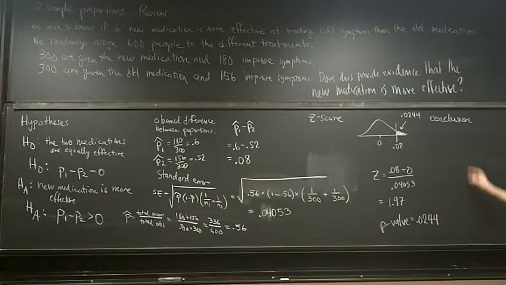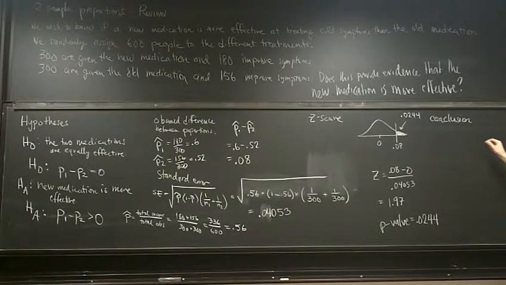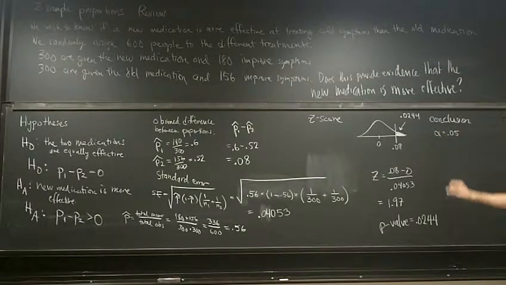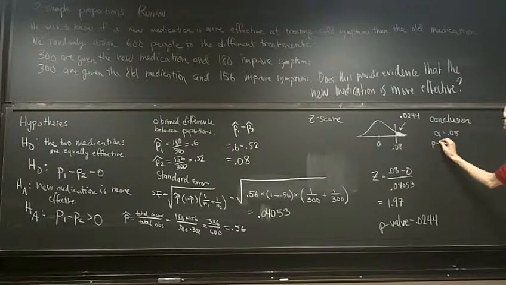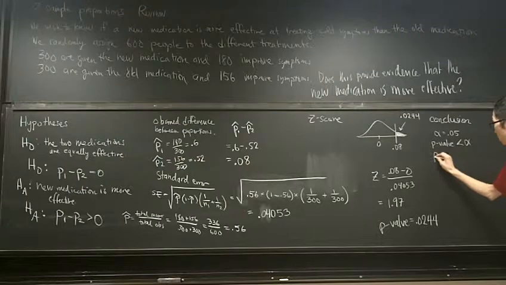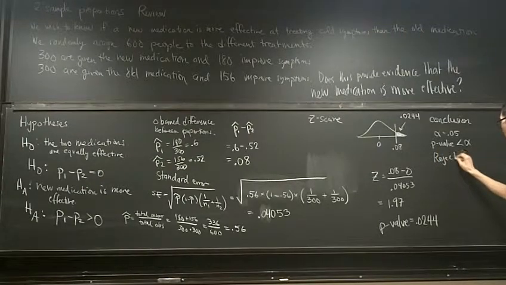Okay. So what is our conclusion? Let's assume alpha is 5%. So my p-value is less than alpha, which means what? We reject the null hypothesis.